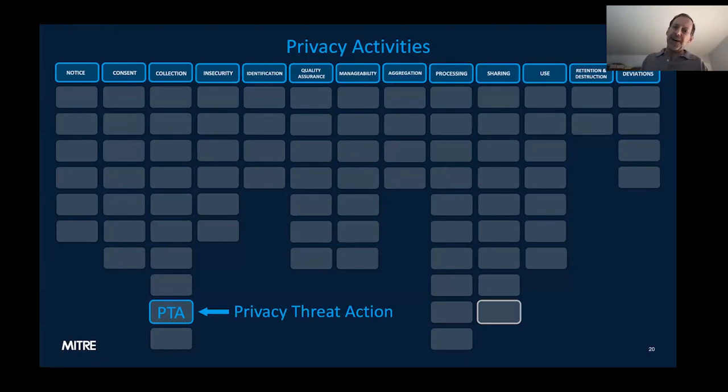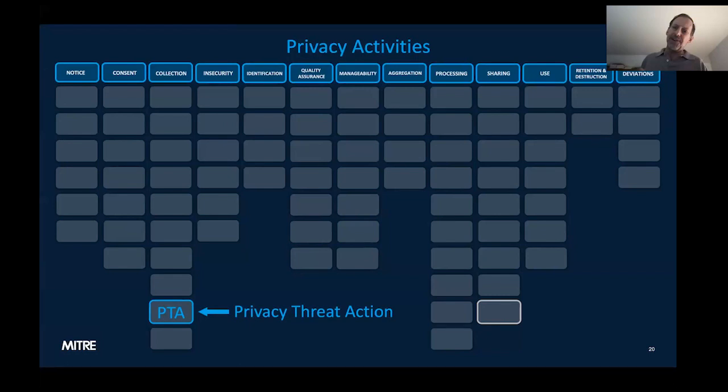Those entities include, by the way, the OECD, the Organization for Economic Cooperation and Development, and also the fair information practice principles are at the core of GDPR in the EU. GDPR is broader than just FIPS, but they're kind of at the core.